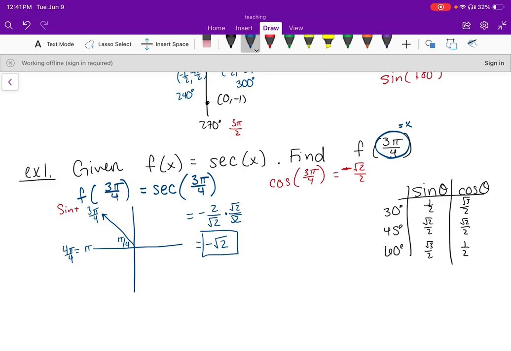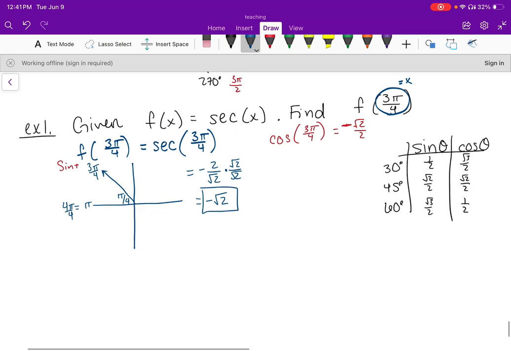So this really isn't different from the last section, 5.3. The only thing that has changed is it's a little bit different notation. So on your test with me, I can definitely ask you function notation. Usually I just say things like find the exact value.